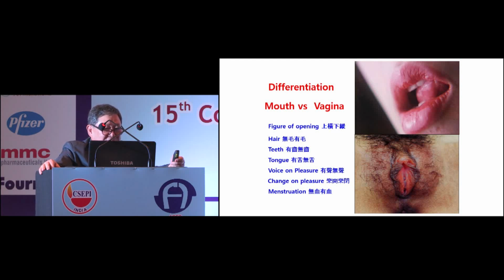The mouth has a voice in pleasure, but the vagina has no voice in pleasure. That is a very different point. Menstruation is visible in the vagina, but not in the mouth.